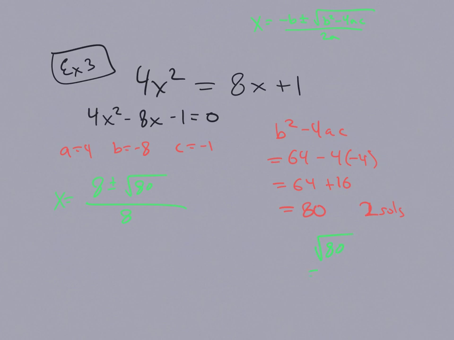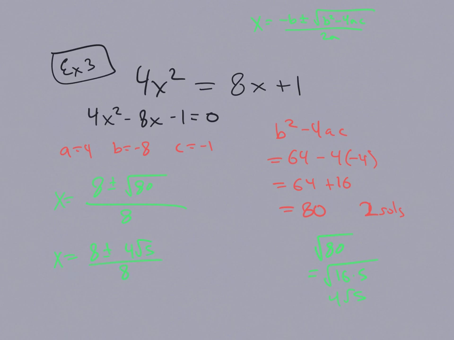Square root of 80, so if you're good at 80, it's 16 times 5. Otherwise, you would do 4 times 20, but then you'd have to break down 20 also. So we've got 16 times 5, which is 4 root 5. So I get x equals 8 plus or minus 4 root 5 over 8.